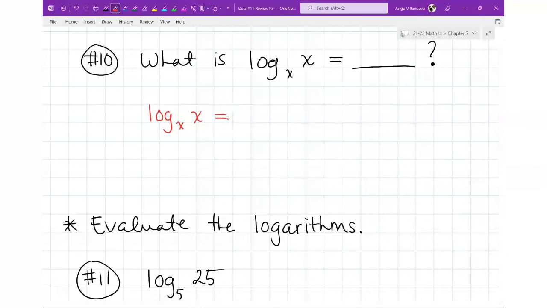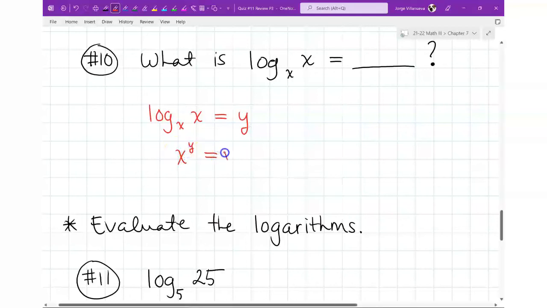What letter do you guys want? Y. Okay, I heard Y first, so here we go. What happens if I simplify this by changing it into an exponential? My base, which is the little x down here, to the power of y, so x to the y is equal to x.